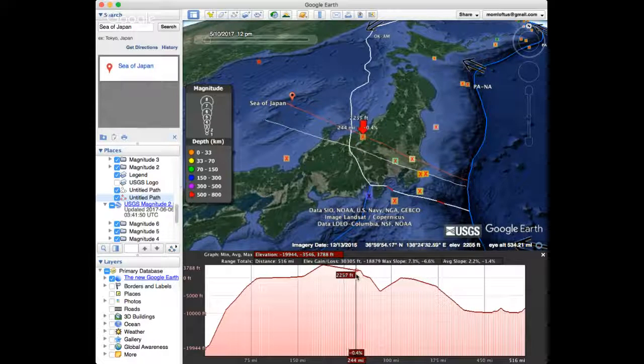And suddenly here, we are 2,255 feet above sea level. But we don't really need to know that right now. But the depth of the earthquake is the distance along the surface. So the distance on the surface with this one would be the very bottom number, which is 244 miles. All right.